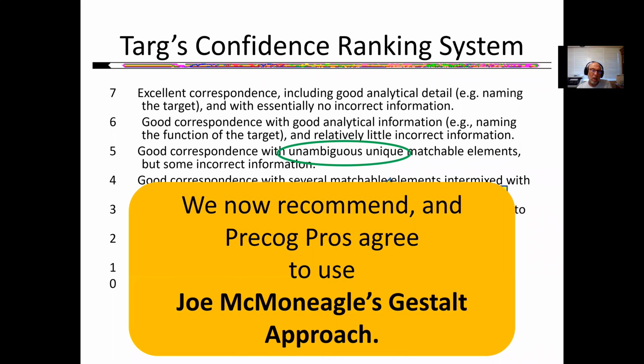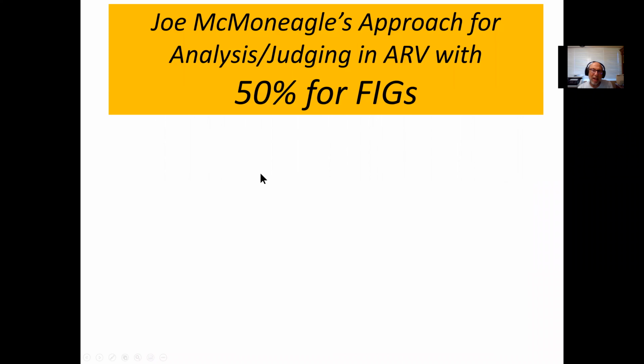Okay, so that's what we used for a long time, and in a way we're still using it. However, Joe McMonagle came up with an approach which captures the essence of this, but in a really important way, which is a combination of analytical plus he uses gestalts. Joe McMonagle, I think most of you know him, is probably the world's most public remote viewer, and certainly an excellent one.